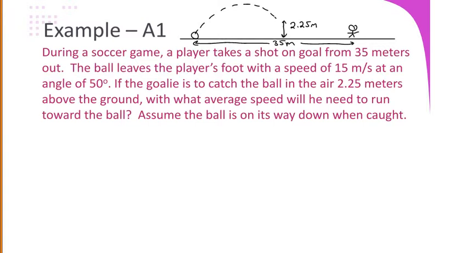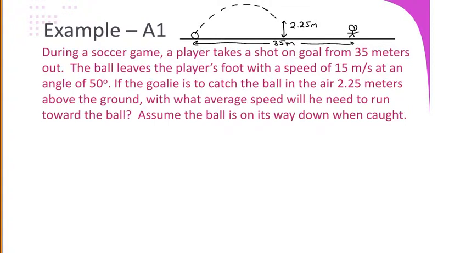So I think the first thing we're going to want to determine here is how much time this ball is going to spend in the air by the time it gets to the point where the goalie is going to catch it. It's going to be at 2¼ meters above the ground, and of course it's going to be at that height at two different times.